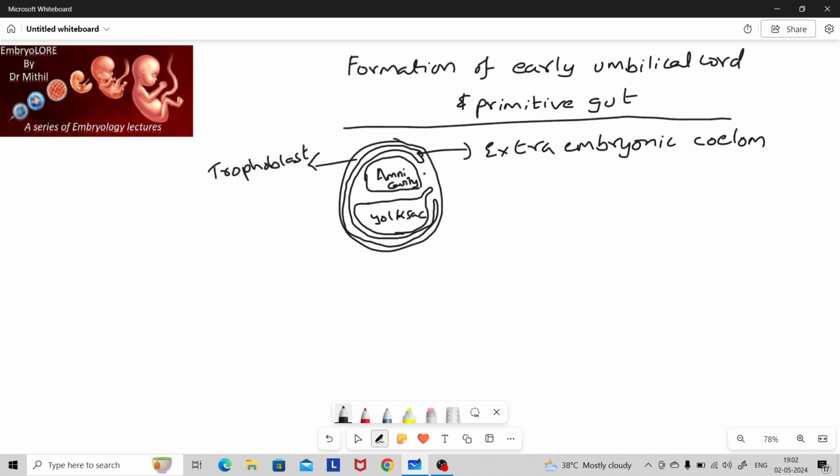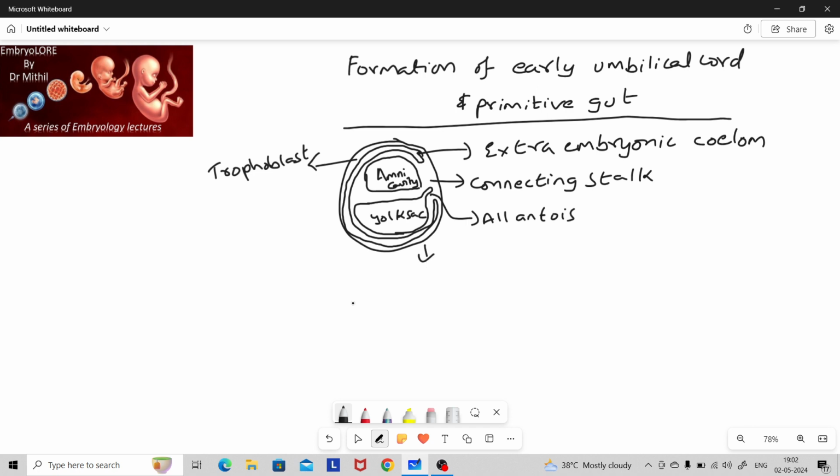And here this is the area where there is no coelom, that is the connecting stalk, and here this is the allantois. So later, what is happening is that the folding of the embryo takes place.